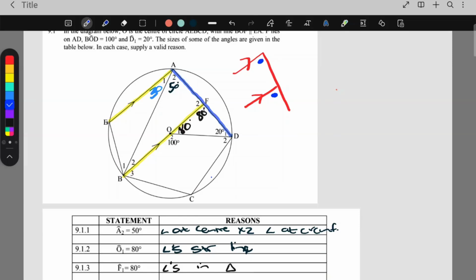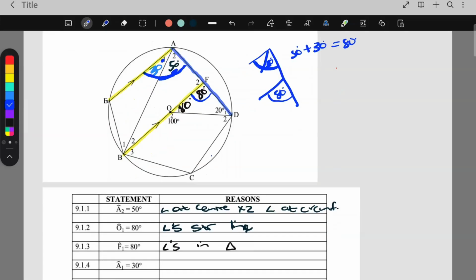This angle is equal to this whole angle over here. If this one is 50 and this whole angle is 80, then this small one must be 30. The reason is corresponding angles. The lines that are parallel are BF parallel to AB.